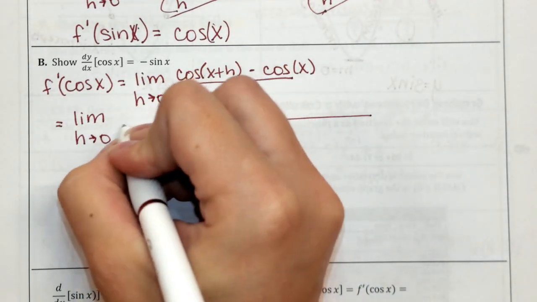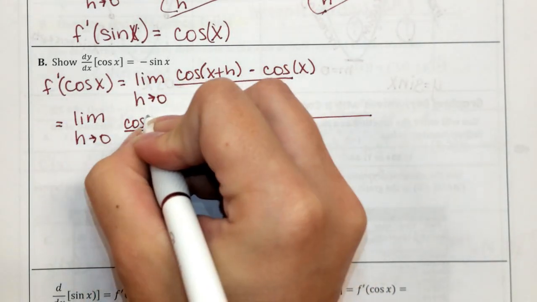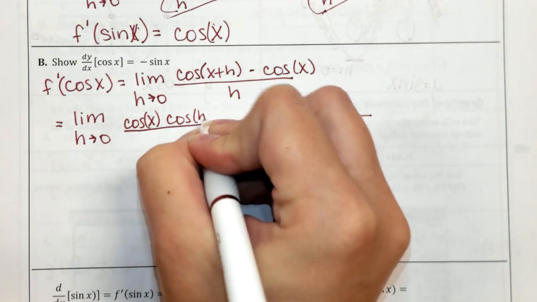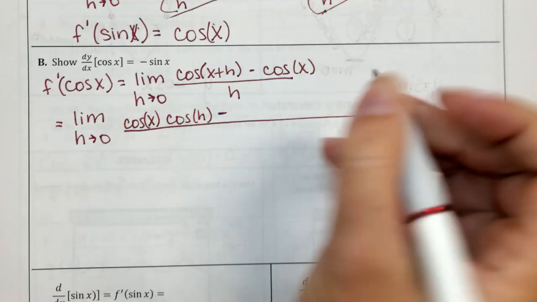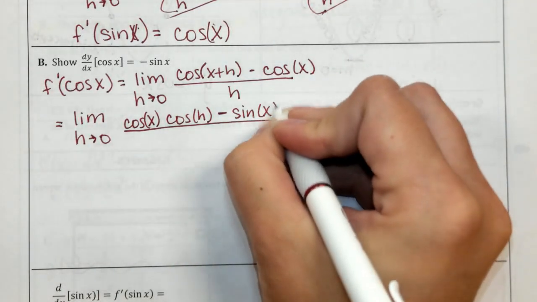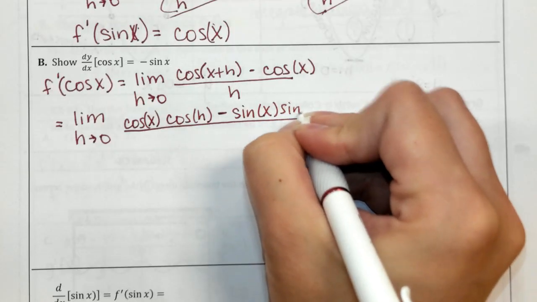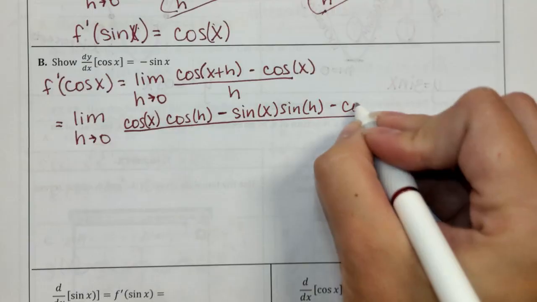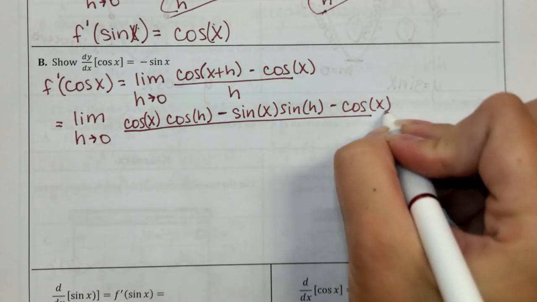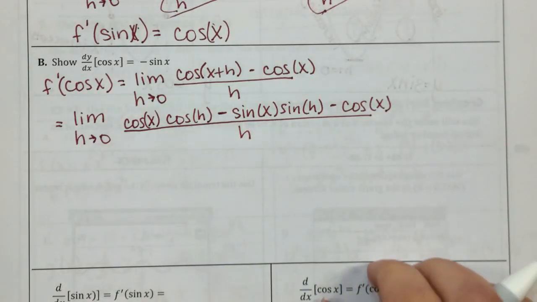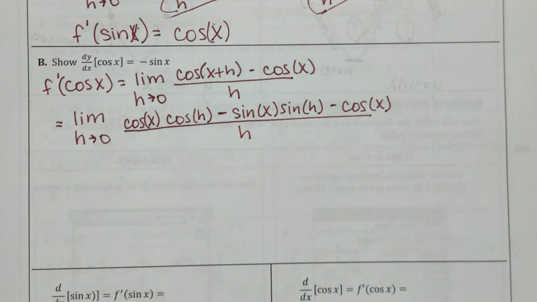So on this one I have cosine of x times cosine of h minus sine of x times sine of h minus cosine of x, all over h. Okay, and we'll pick up here on Monday and finish this one out.